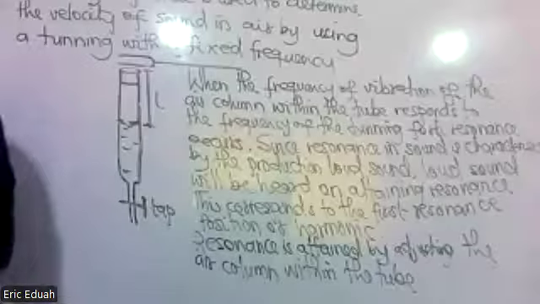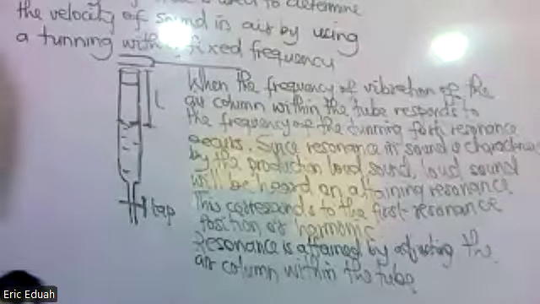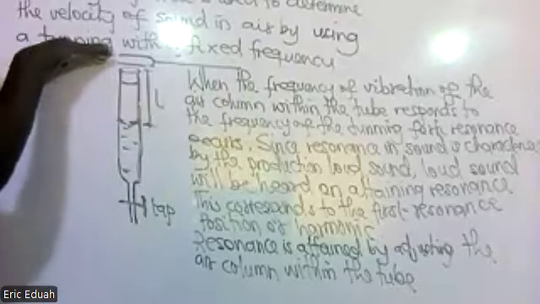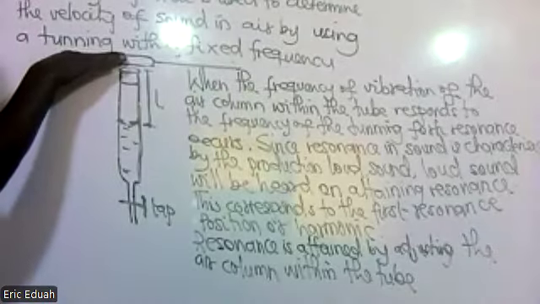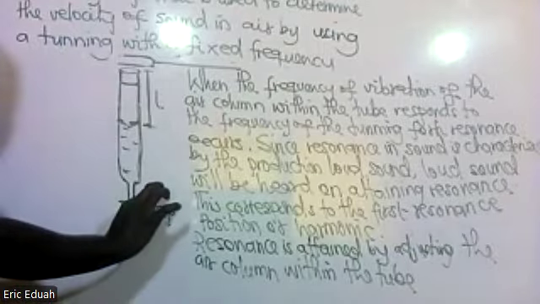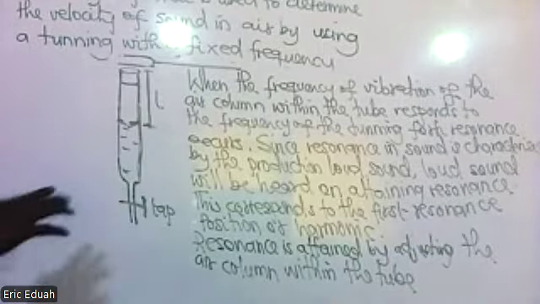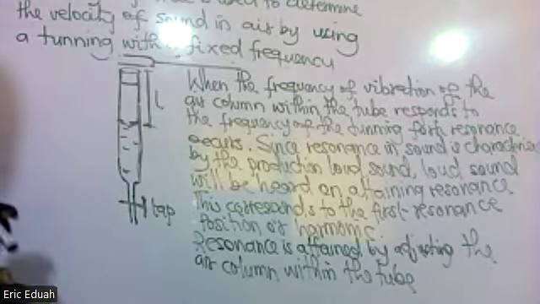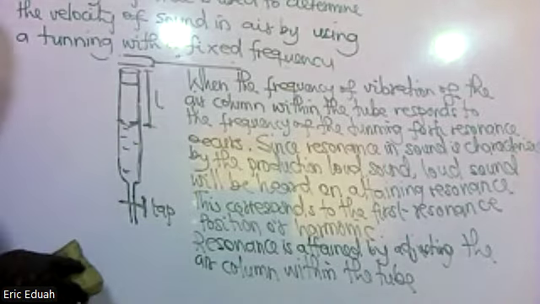All that I'm saying is that you don't obtain resonance by just keeping the vibrating tuning fork at the top of it. No, that will not happen. You need to be opening the tap so that you adjust the length of the air column for resonance to take place.